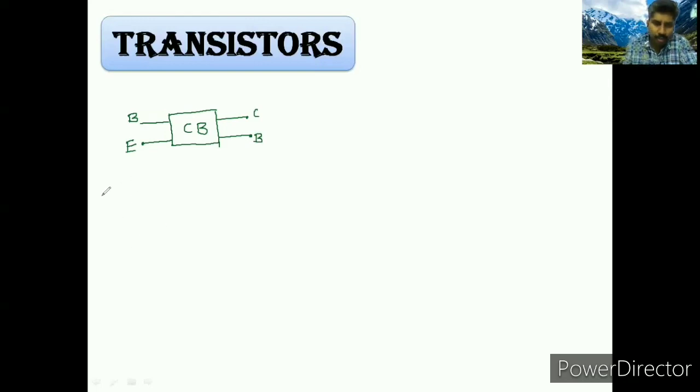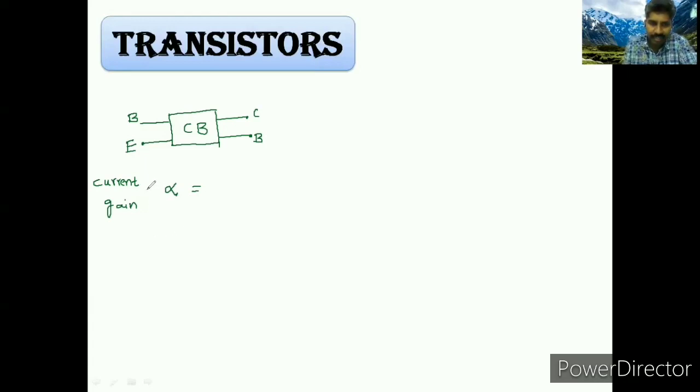Now we need to write the formula. What is that? Current gain. Common base current gain we write as alpha, it is the symbol.